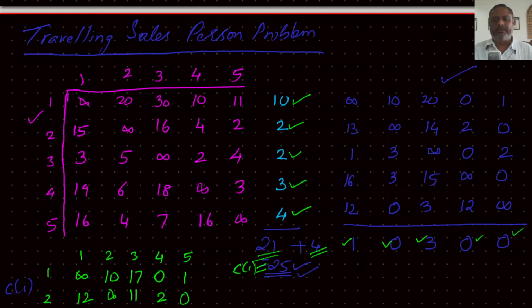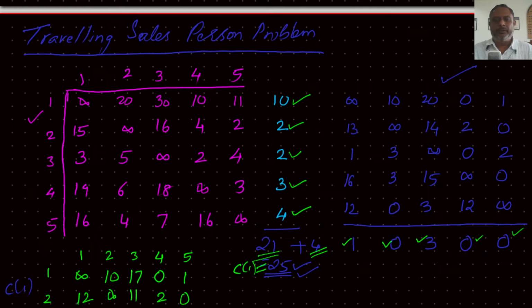But column wise, the minimum was 11 in this column, and 0, not to worry, 0, 0. So this 11 is the minimum, so let us normalize it. Remove this 11 from the first column. So subtract 11 from this. So this becomes 0, this becomes 4, this becomes 1, and this is 11 plus 0 plus 0 plus 0 plus 0. So 11 will be our C dash for node 3.